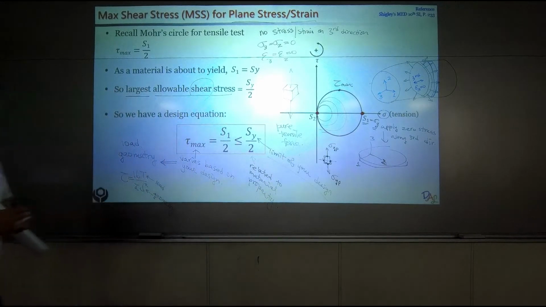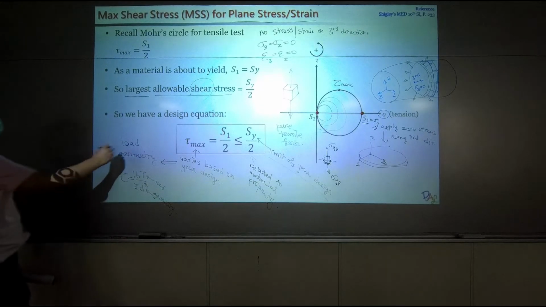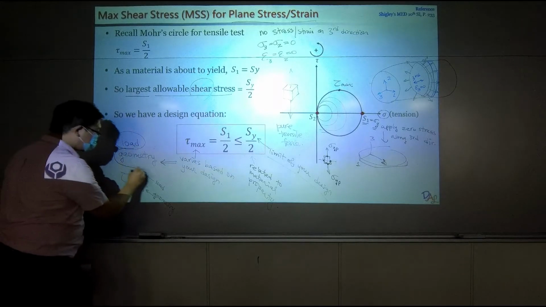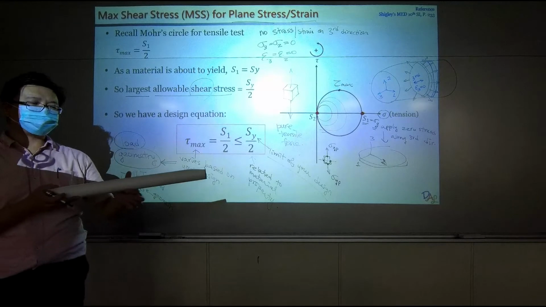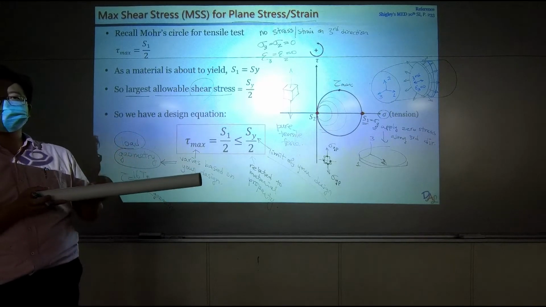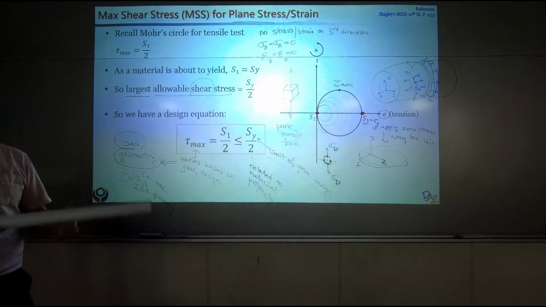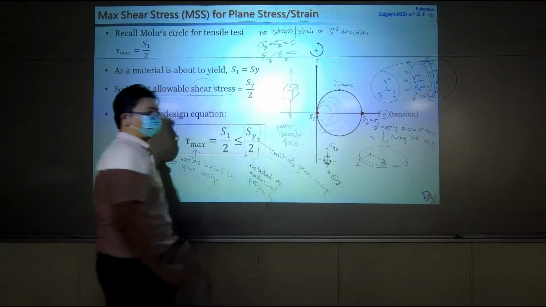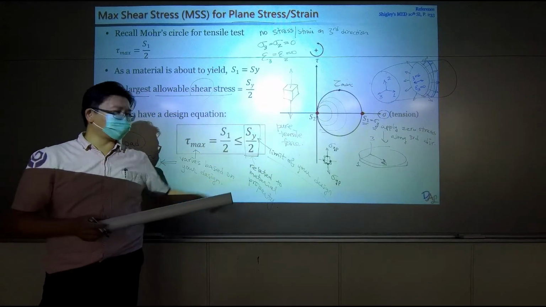Okay, so in most designs, if you have different load conditions or different geometry, what will happen is you will change the stress distribution in your design. You can change it, it's fine, as long as it is not too large. So the limit will be what kind of material you choose.